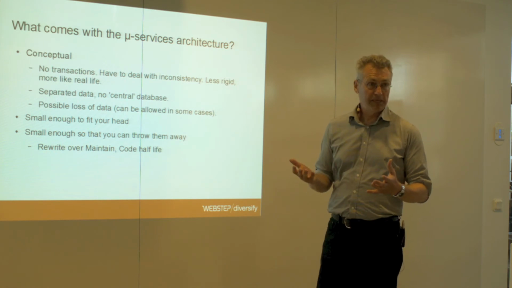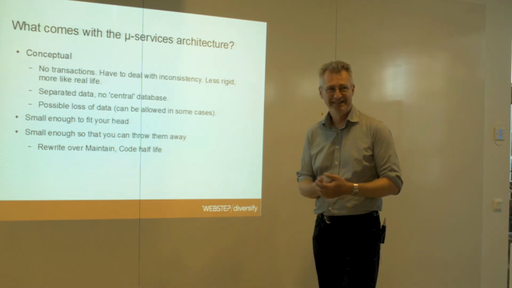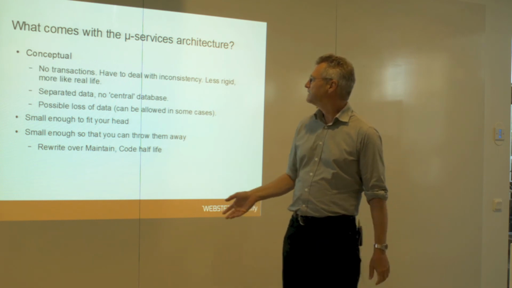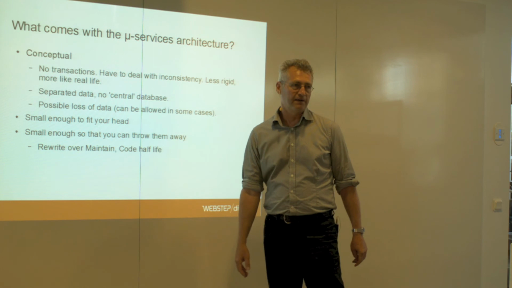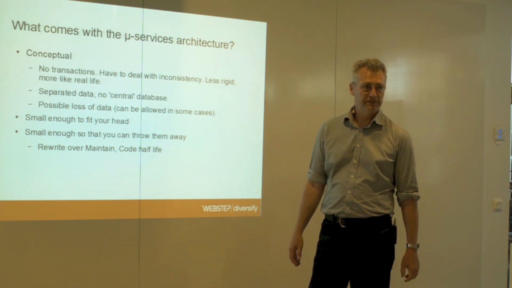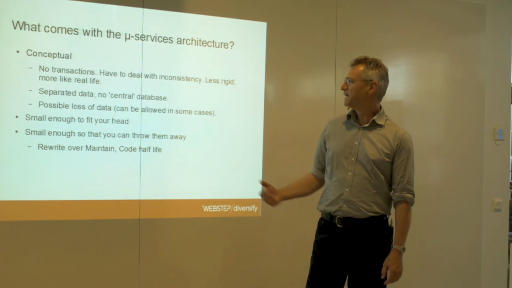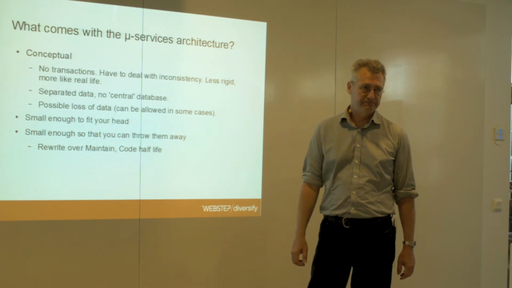Good and bad. Banking system, maybe not. And as I say, there can be loss of data, and you have to deal with it. So it has to be a system that either can fill in the data or can be without the data, so to say.